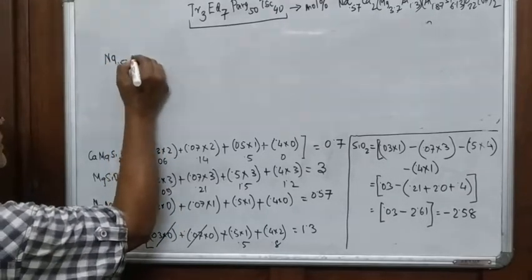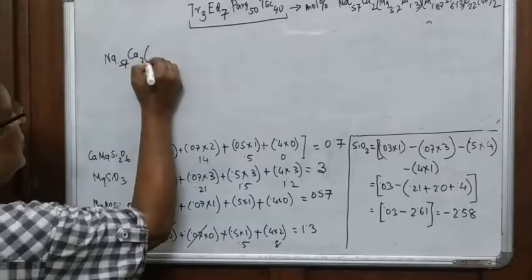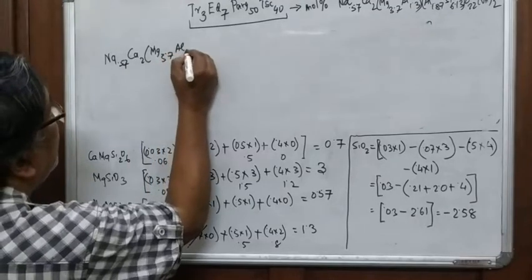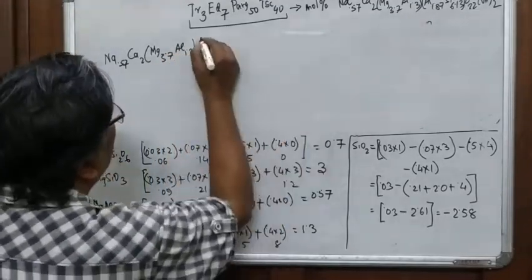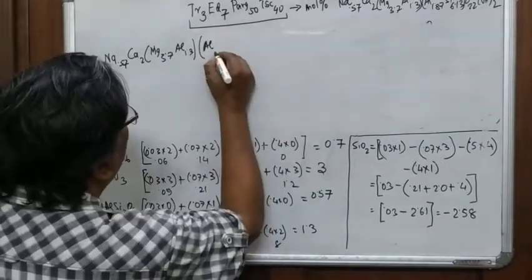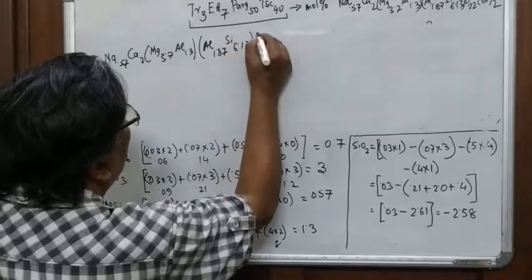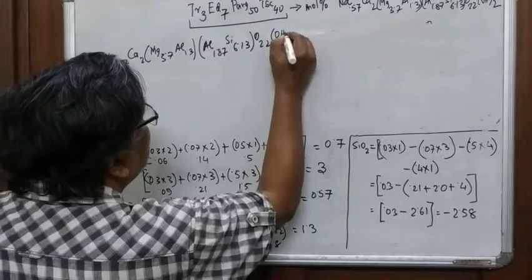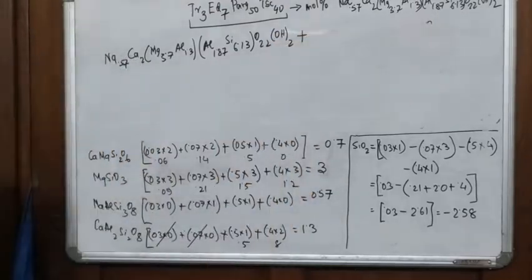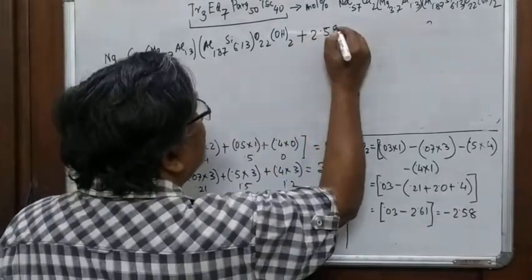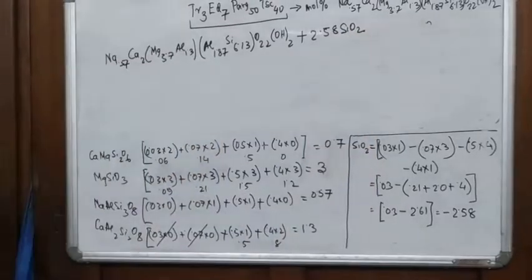Na0.57, Ca2, Mg3.7, Al1.3, Al1.87, silicon 6.13, O22, OH whole twice, plus, now this is minus 2.58, so this should be plus 2.58 SiO2.